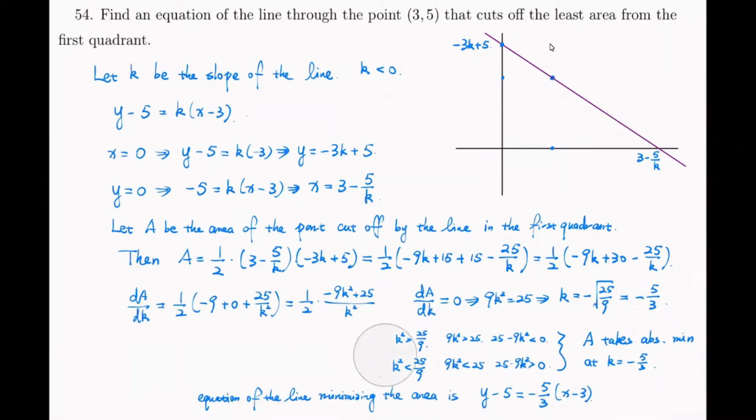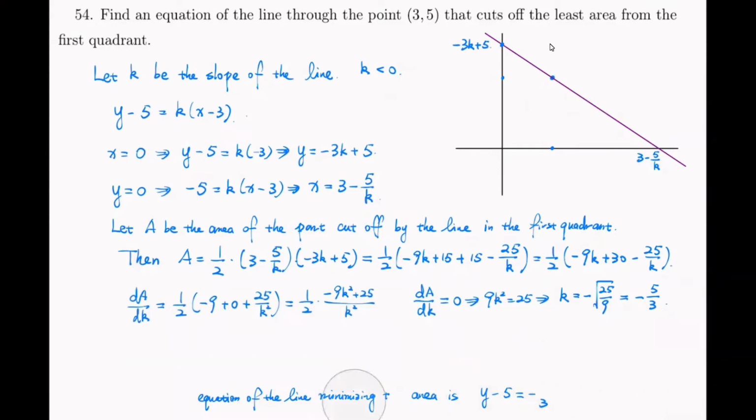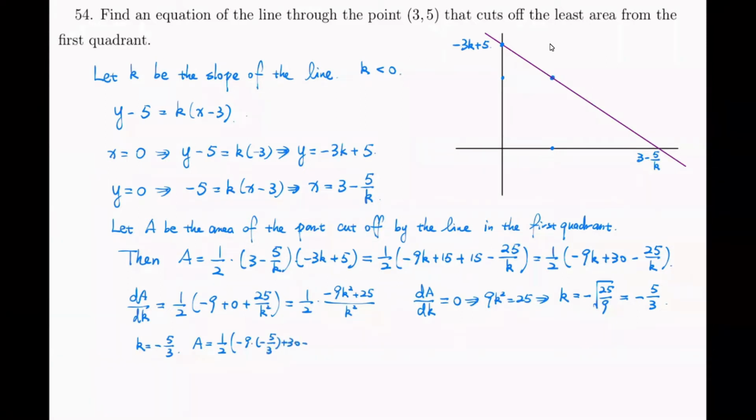Alternatively, you could use a method similar to the closed interval method and see the function values. If k equals minus 5 over 3, you compute that A is going to be equal to 1/2 times minus 9 times minus 5 over 3 plus 30, and then minus 25 divided by k, that is 25 divided by minus 5 over 3.